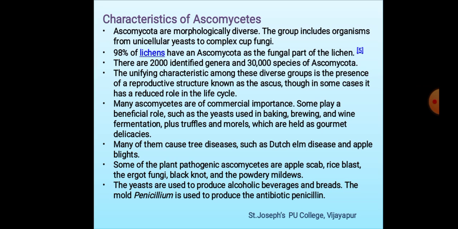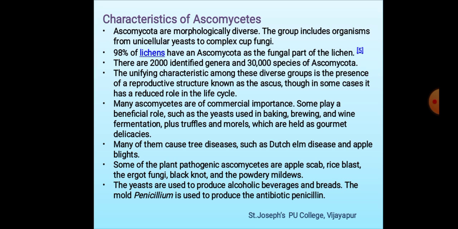Ascomycota are morphologically diverse. The group includes organisms from unicellular yeasts to complex cup fungi. 98% of lichens have an Ascomycota as the fungal part of the lichen.